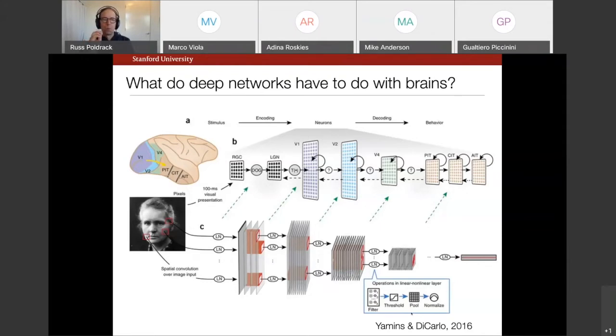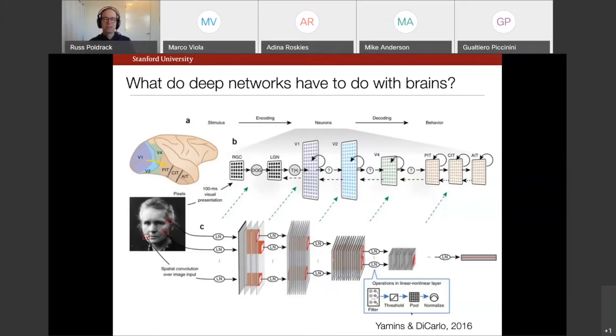On the bottom, you see the structure of one of these networks. You start with units that are looking at pixel level information, and then through a set of operations, that gets distilled over time into higher order representations.